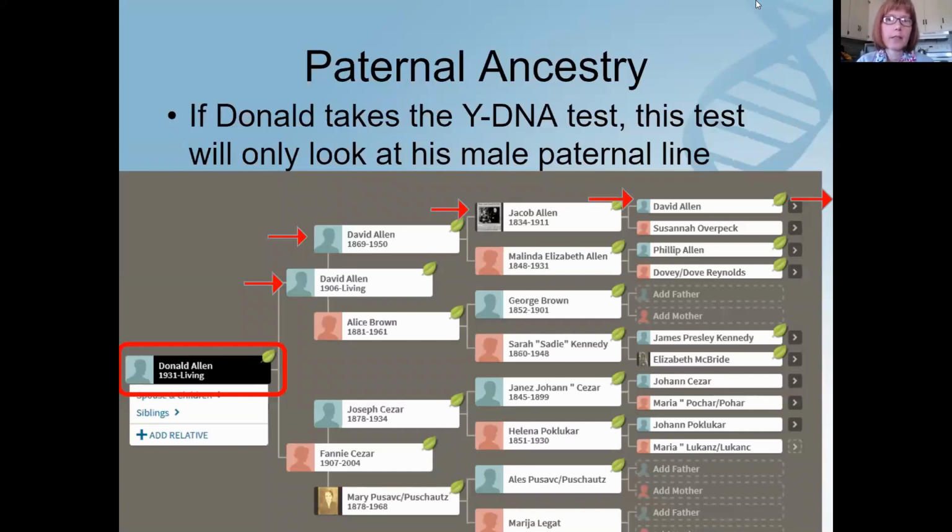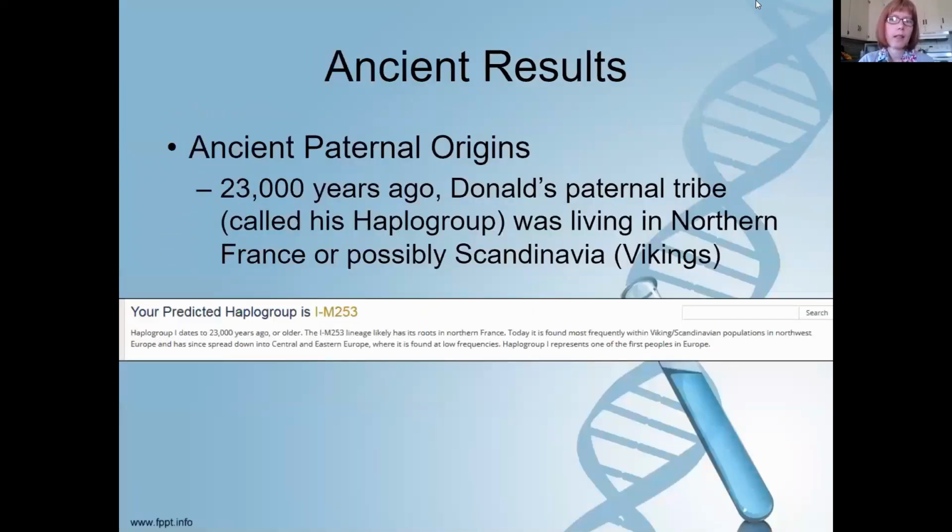You get two different results. You get an ancient result, which is going to be this haplogroup, and my dad's haplogroup is I. So your haplogroup is going to be a letter.